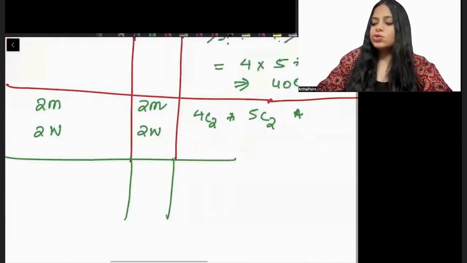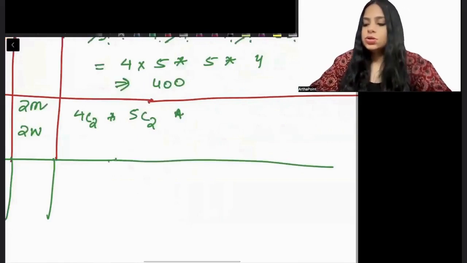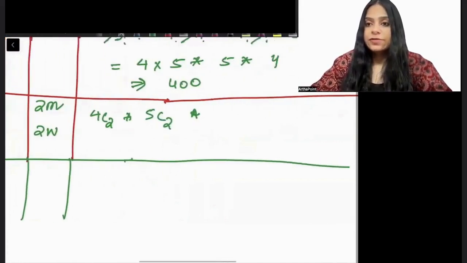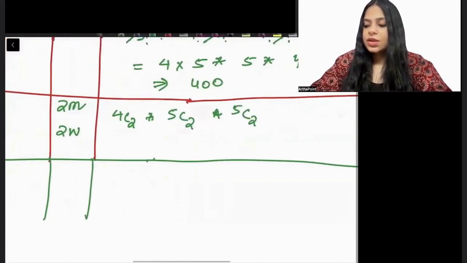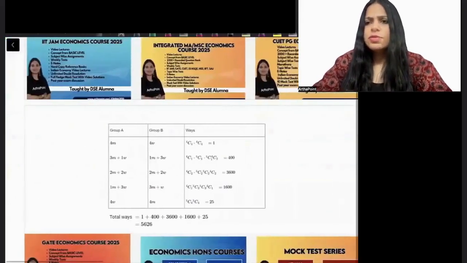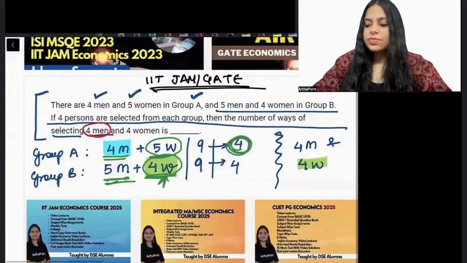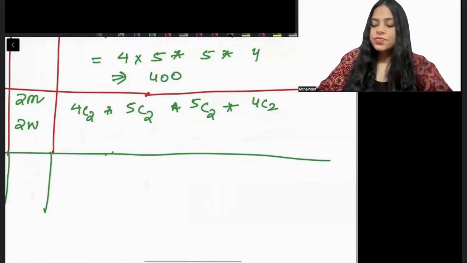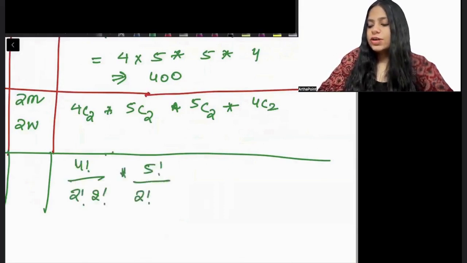It's a long question, but it's an easy question. From group A, I have selected 2 women. There are 5 women in group A. And from group B, I have selected 2 women, and there are 4 women in group B, right? So 4C2 into 5C2, that is 4 factorial over 2 factorial 2 factorial, times 5 factorial over 2 factorial 3 factorial.